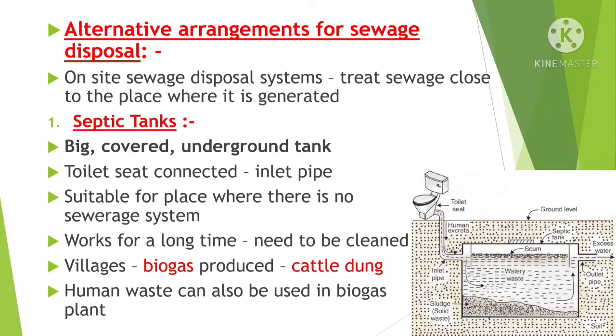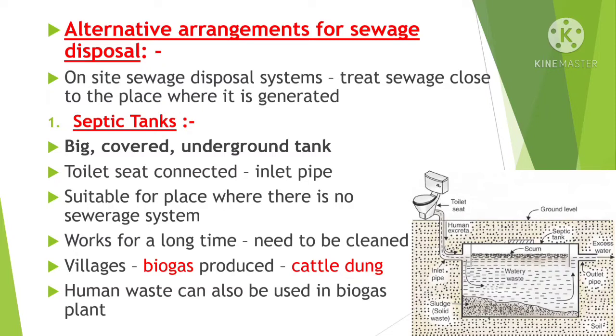The septic tanks and the composting pits are called on-site sewage disposal systems because they treat the sewage at the place where it is generated. The septic tanks and the composting pits provide us toilets. So let's learn about these sewage disposal systems in detail.